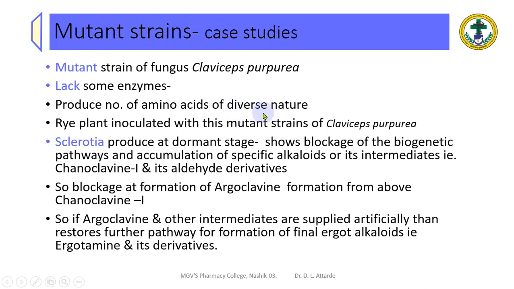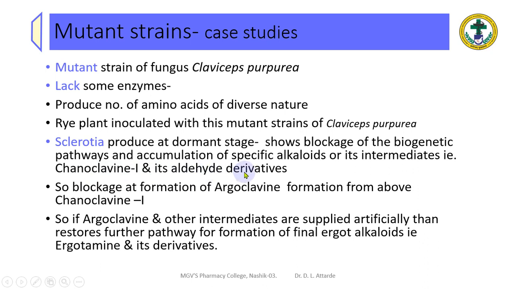And when the rye plant is inoculated with these mutant strains of Claviceps purpurea, the sclerotia produced at the dormant stage show blockage of the biogenetic pathway and accumulation of specific alkaloids or intermediates. It accumulates at the formation of chanoclavine-I and its aldehyde derivatives.